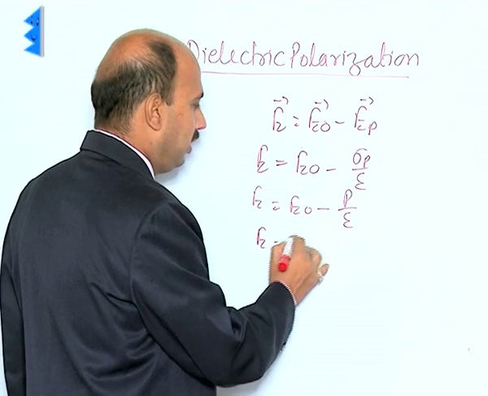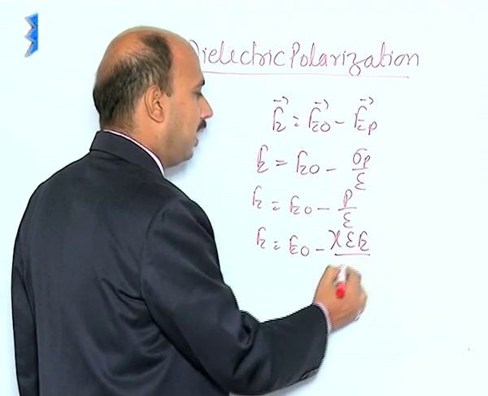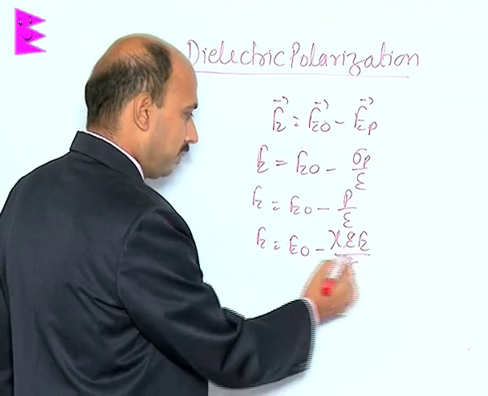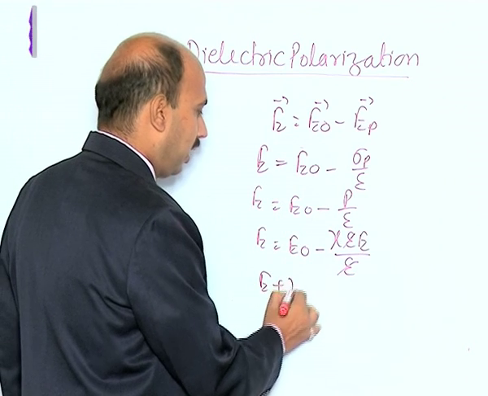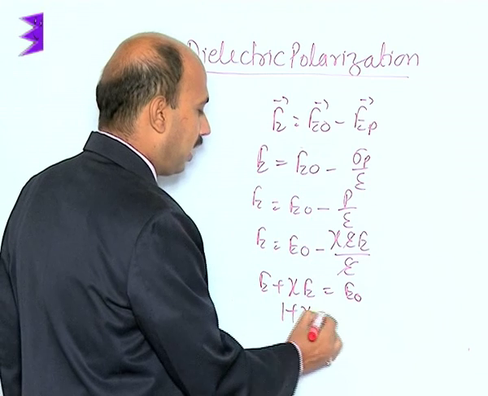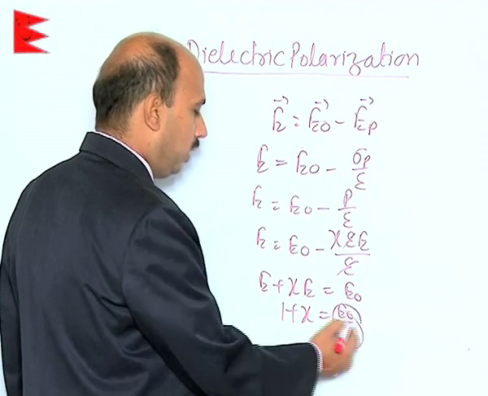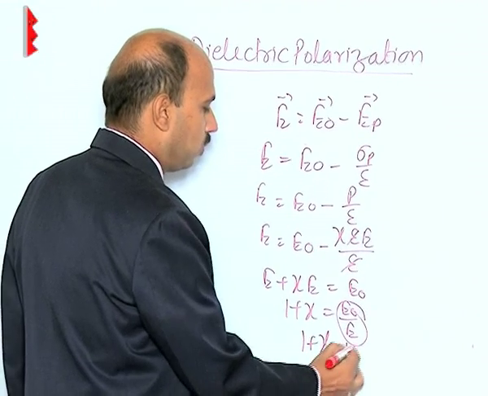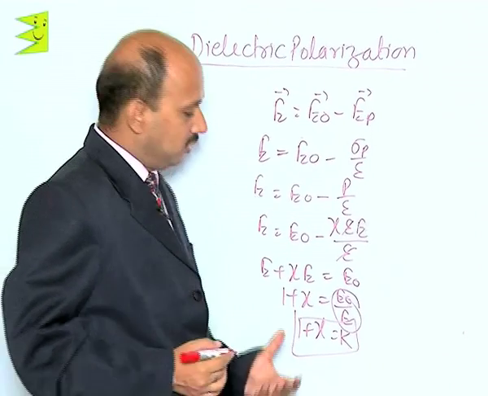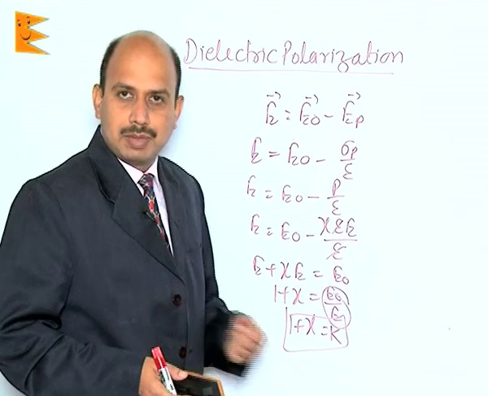So E is equal to E naught minus chi epsilon E divided by epsilon, and epsilon will get cancelled. Now we get E plus chi E is equal to E naught. So we can write 1 plus chi is equal to E naught upon E, and that is equal to k. So 1 plus chi is equal to k, where k is known as the dielectric constant. This is the relation between dielectric constant and electric susceptibility.